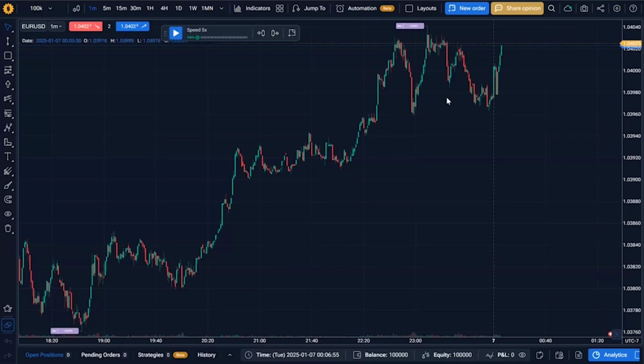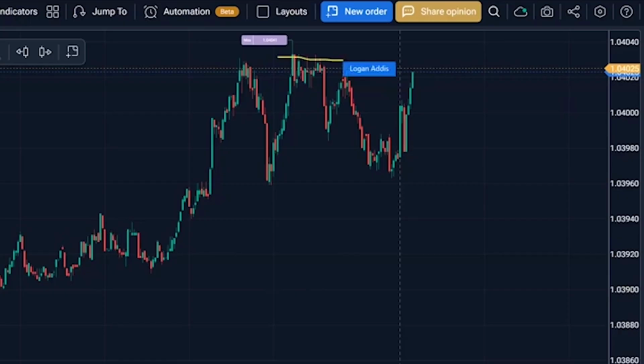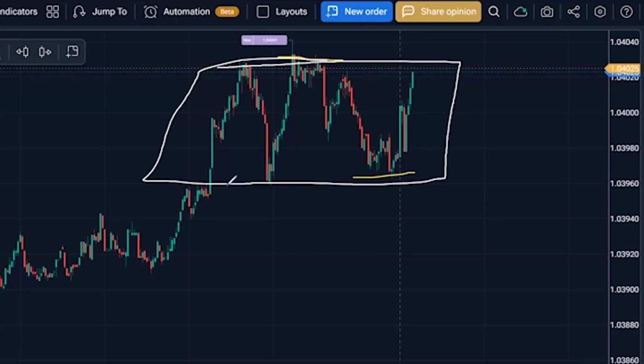And now let's go back to, is this a reversal, continuation, or consolidation? It's not consolidation. Well, okay, Logan, I'll give you this. Logan's saying this is the consolidation, and you would be correct in this.